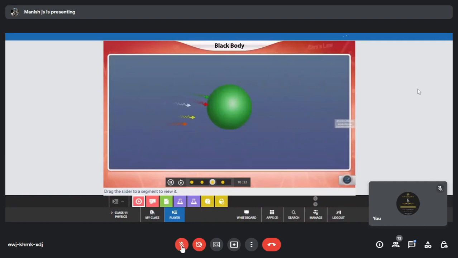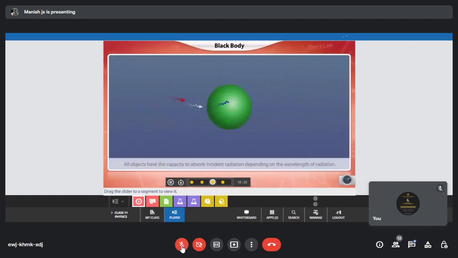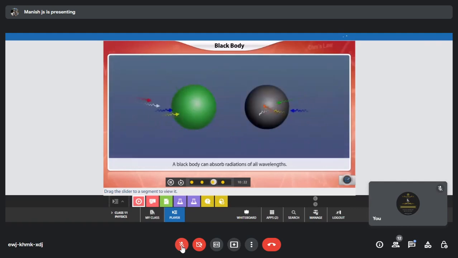So let us now understand the concept of a black body. All objects have the capacity to absorb incident radiation depending on the wavelength of radiation. For example, a green object will absorb all colors of light but reflect green light. A black body, on the other hand, can absorb radiation of all wavelengths.